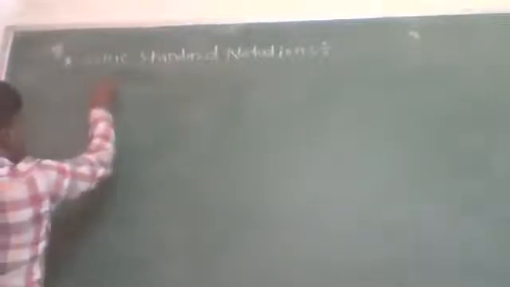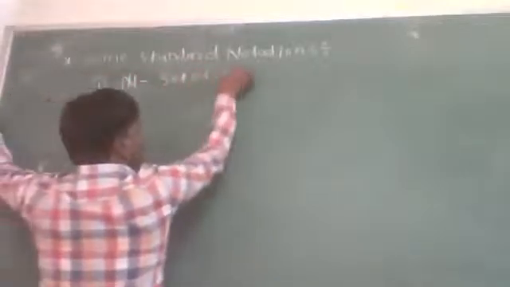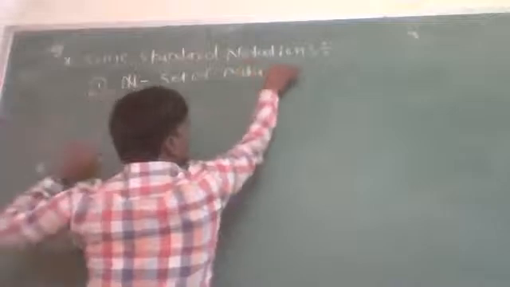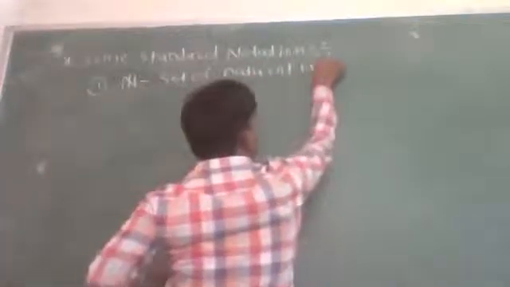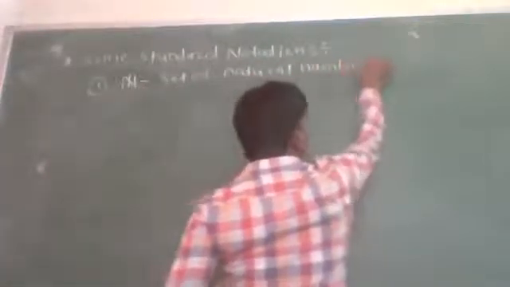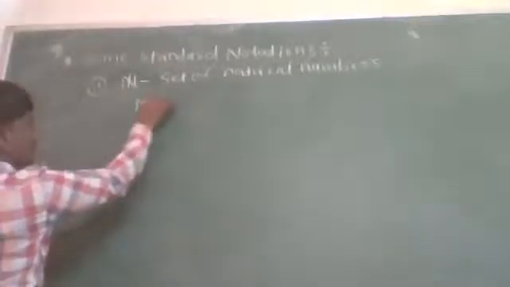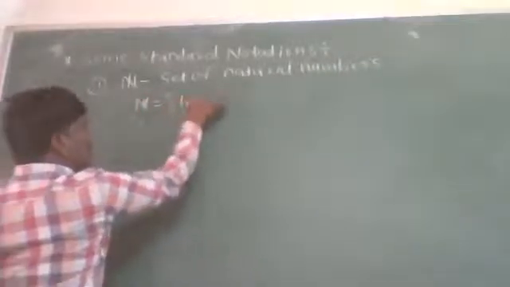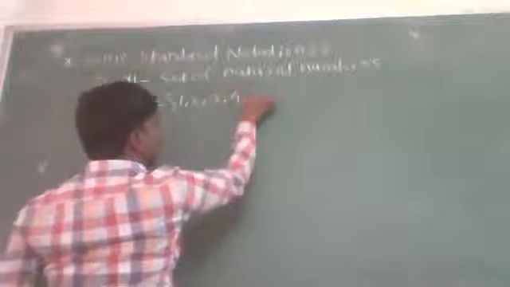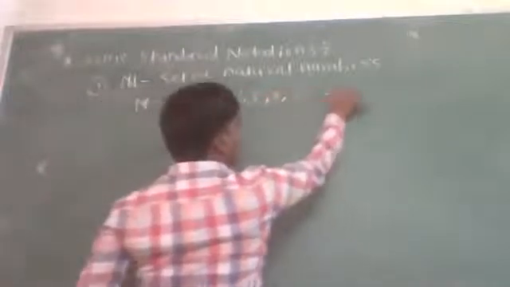First one is N. N is the set of natural numbers. That is, N contains all elements 1, 2, 3, 4, 5, 6, and so on.